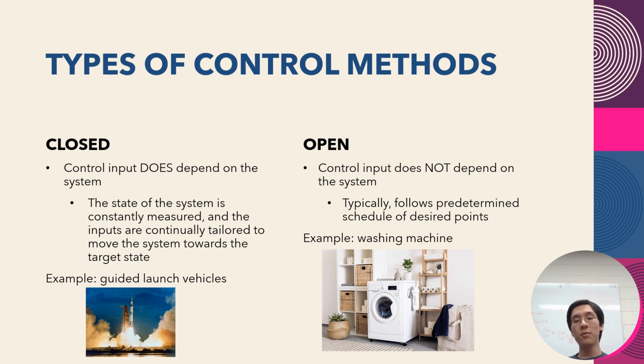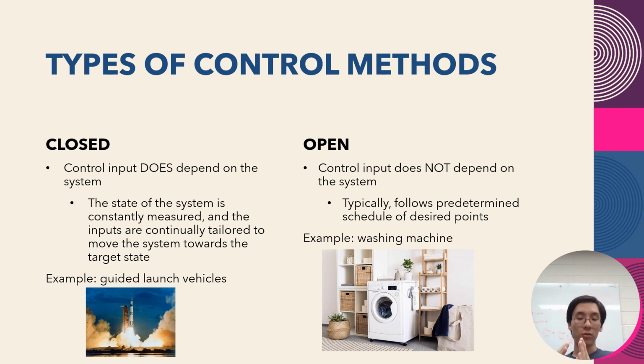There are two big types of control methods and loops that you'll see: the closed loop and the open loop. Closed loop depends on the state of the system. If you have a rocket flying through the air, whenever a gust hits the rocket, it goes off course.